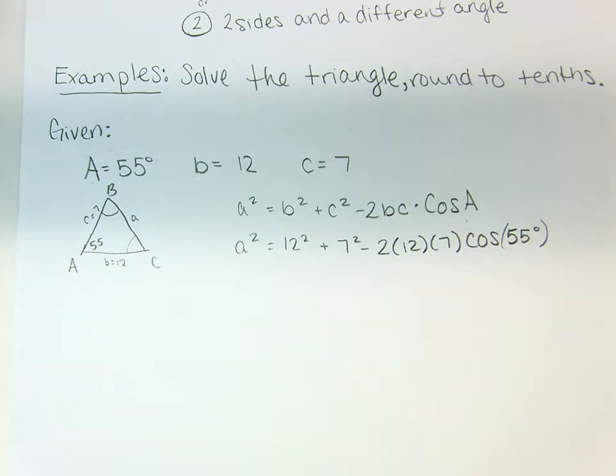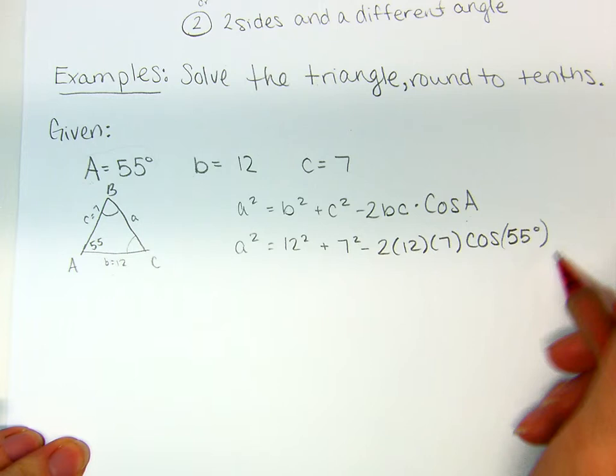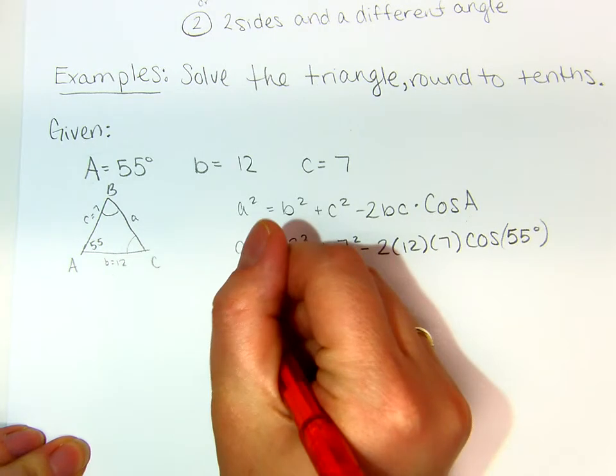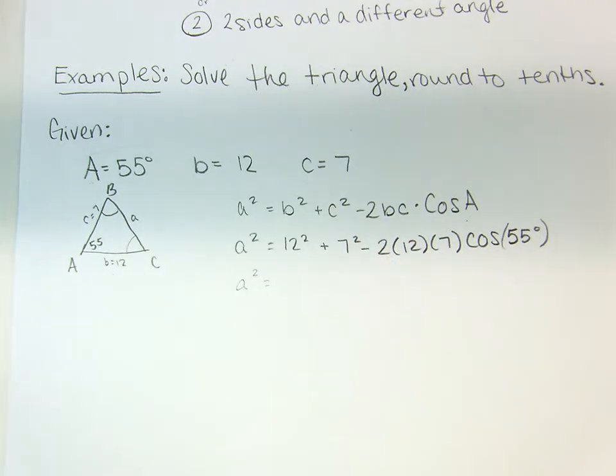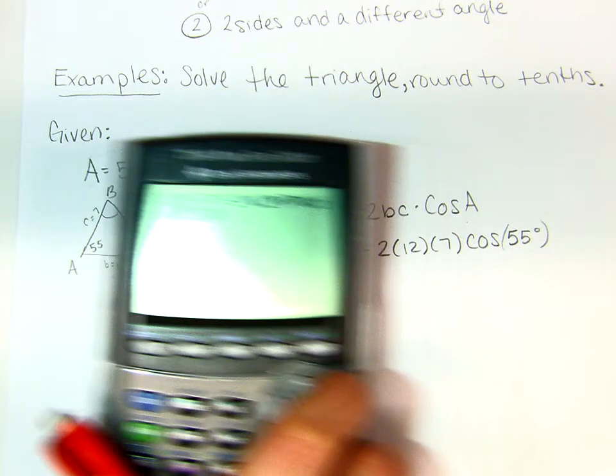Since I have that all equal to a squared, all I have to do is plug all of this into the calculator at once. So a squared is going to equal 12 squared plus 7 squared minus 2 times 12 times 7 times the cosine of 55.